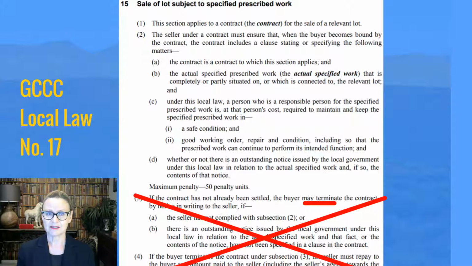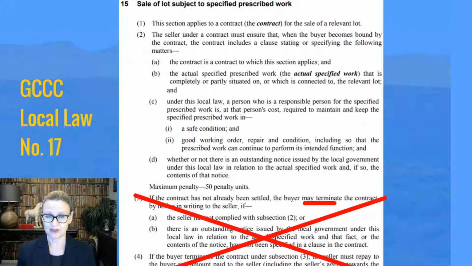If that's the case, then the seller is obliged to disclose certain things in the contract as part of their disclosure to the buyer. You have to tell the buyer that the contract is subject to Local Law number 17. You have to identify the specified work, and you have to say who's responsible for the upkeep of that specified work.